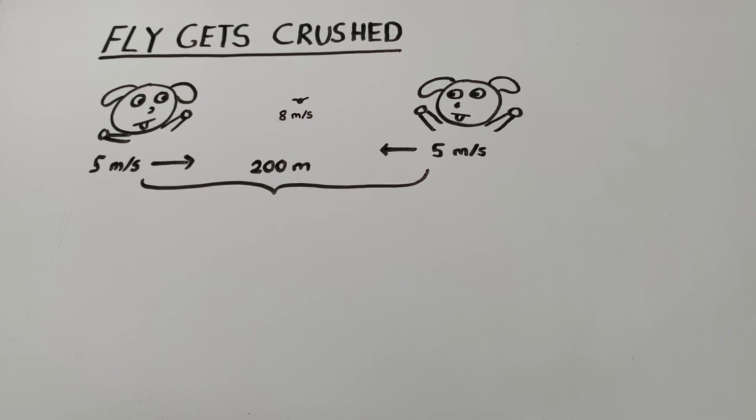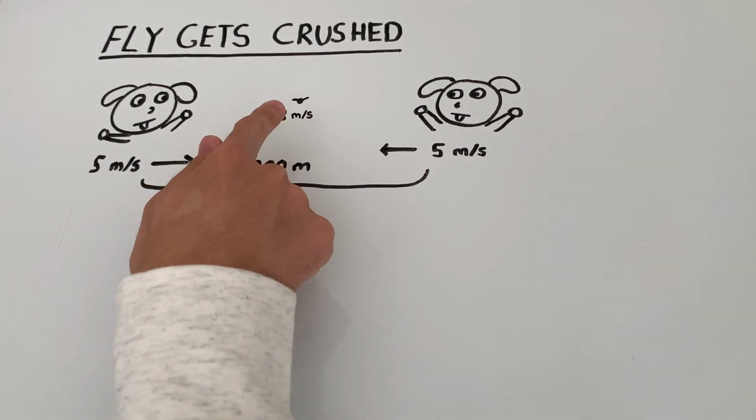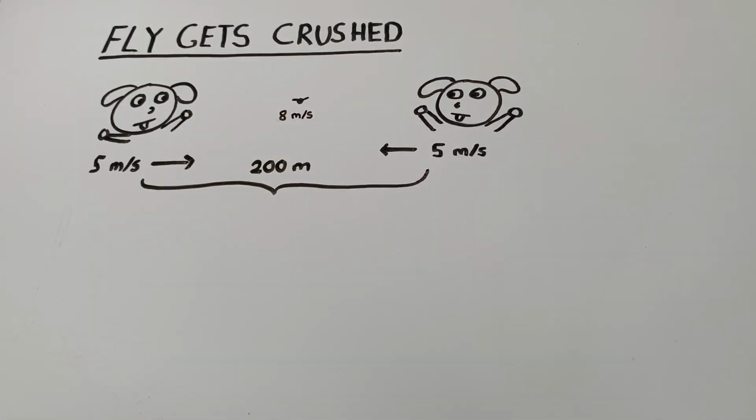Now we're not told directly what the time is, but we can find that by using the other information given in the problem. We need to use these two dogs, because the amount of time that the fly spends flying is the same amount of time that the dogs spend running.